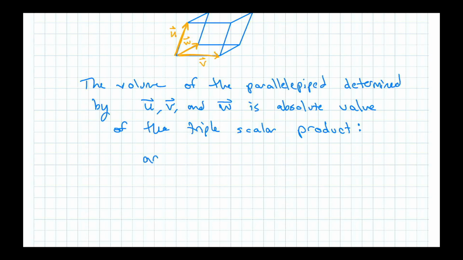Area, nope, that's called a volume. Volume is equal to the absolute value of u dot v cross w. Also notice that I'm using absolute value, so there's only one vertical line, not two, because two means magnitude of a vector. This result is a scalar because v cross w is a vector, and a vector dotted with another vector gives you a real number.